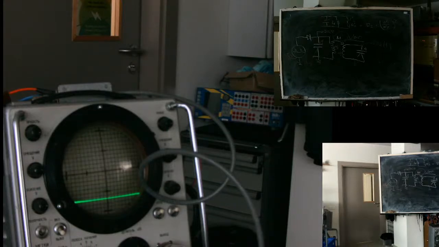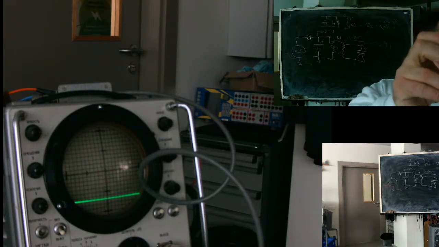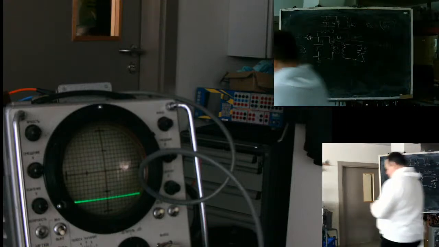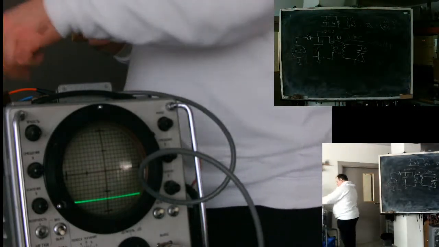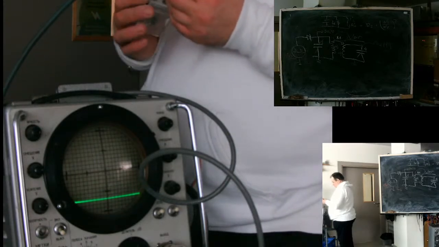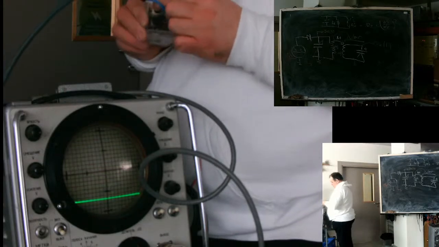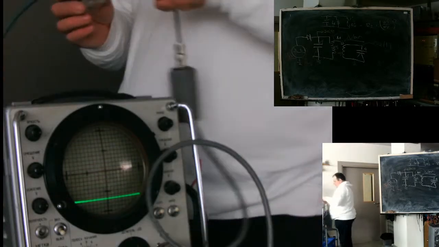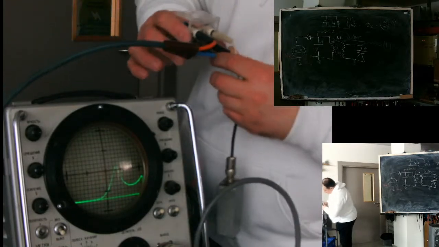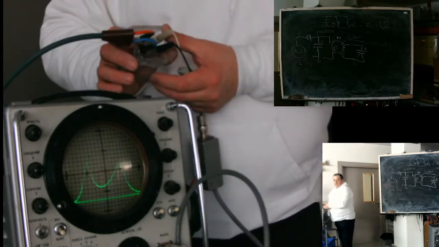This one. Two coils sharing the same magnetic system. One coil, second coil, receiving side. Can you see?